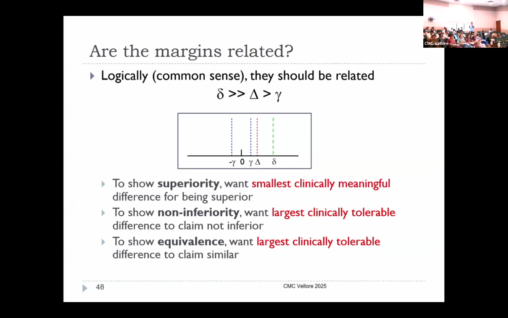You have in your platform two new antifungals that you're trying, and you show in the platform that new antifungal one is not inferior to standard of care. You can also show maybe that antifungal two is also not inferior to standard of care, but the government doesn't change the standard of care.